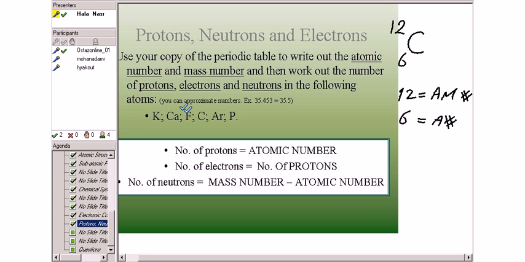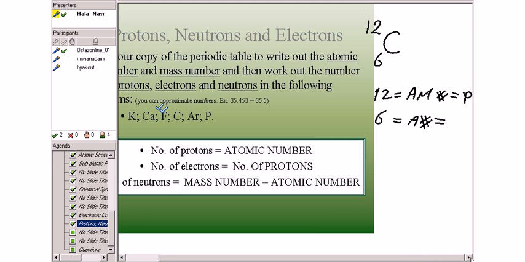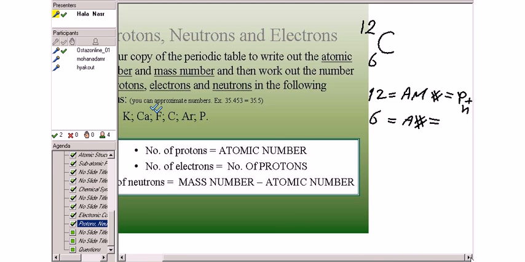It represents the number of protons, as we said about the atomic number. This is the mass number. This one is protons plus neutrons. However, the atomic number is only the protons.